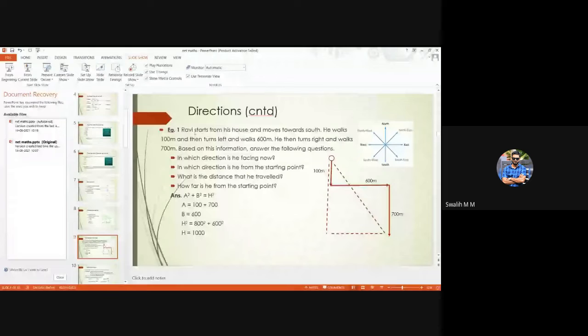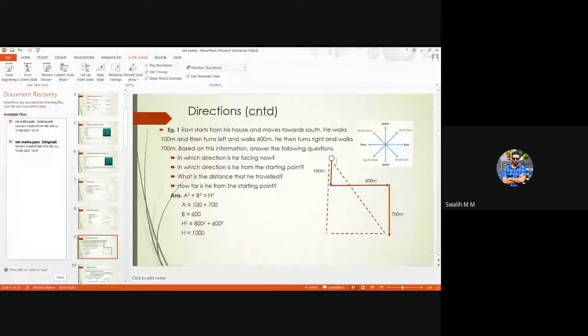Now I'll give you an example. Ravi starts from his house, and then he moves towards south. In the rough work paper, it's better if you draw this diagram, and near the diagram, draw the directions so that you won't make mistakes.